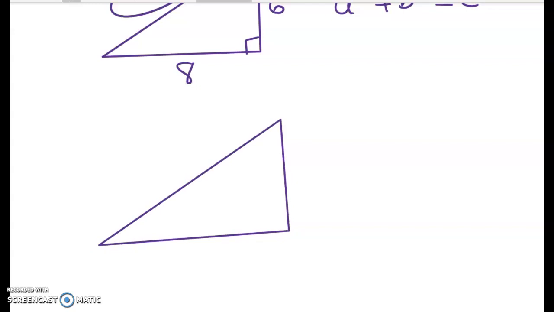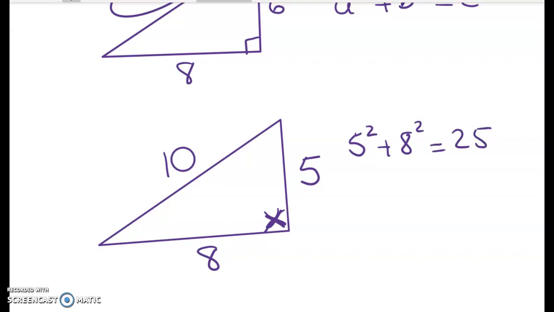So if this side length is 8 and this side length is 5 and this side length is 10, we can show that this is not a right angle. And we do it like this. We say 5 squared plus 8 squared is equal to 25 plus 64, which is 89, which is not equal to 10 squared.